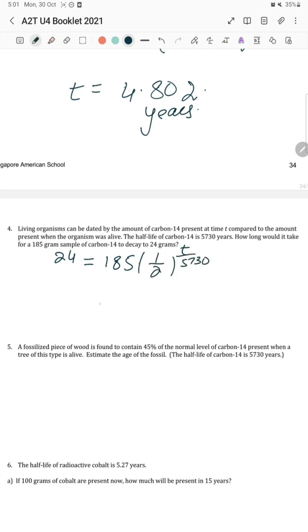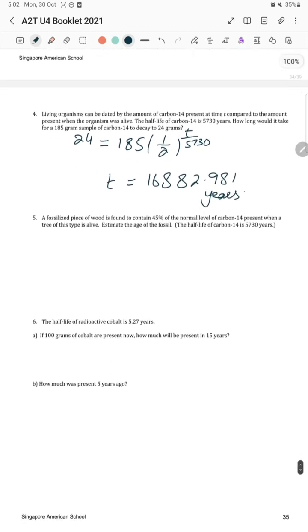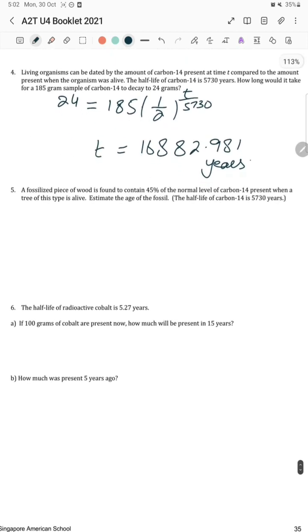And now just solve it, and we will get t is equal to 16882.981 years.